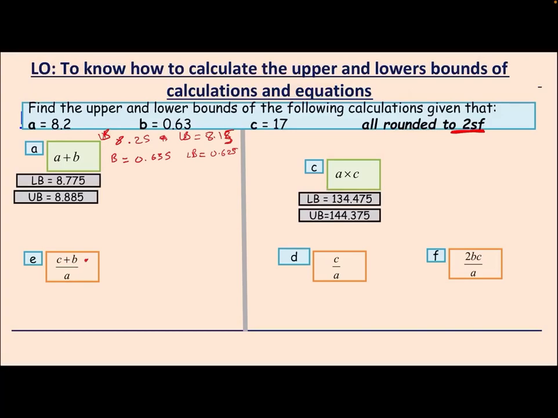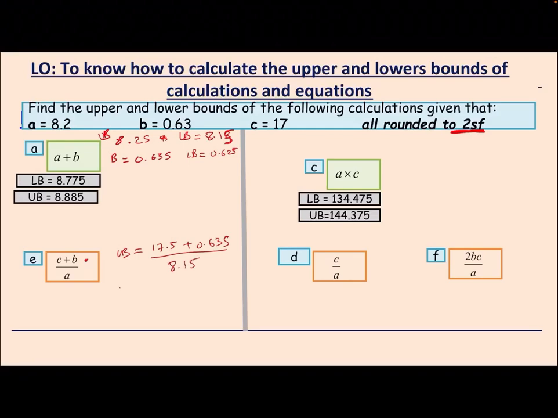So we're going to find the upper bound for C and the upper bound for B, if we are trying to find the upper bound for this whole equation, and then we're going to find the lower bound for A. So the upper bound for this question is going to be the upper C plus the upper B, over the lower A.